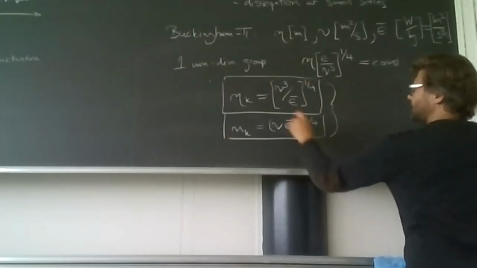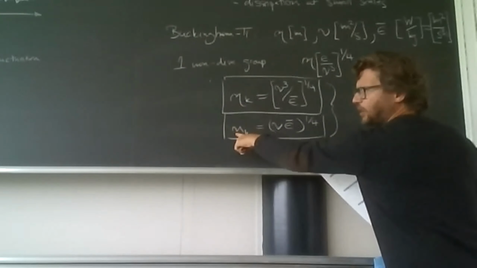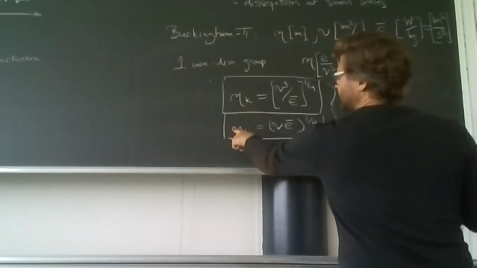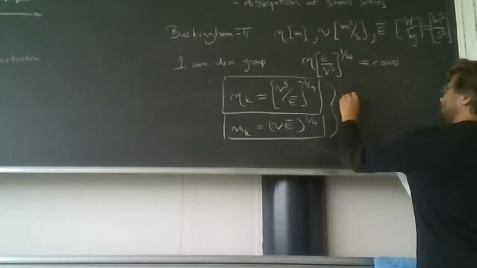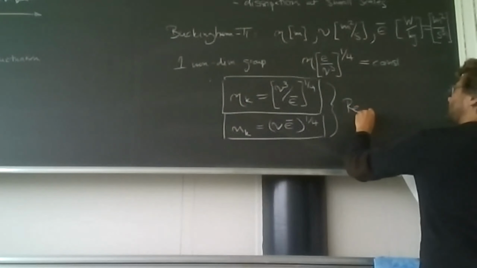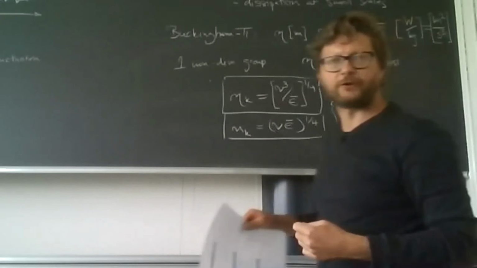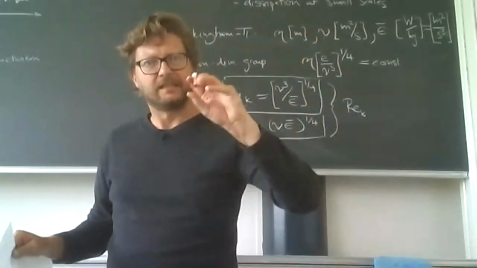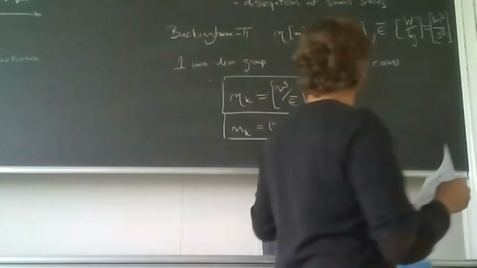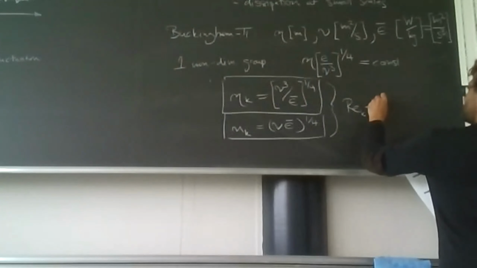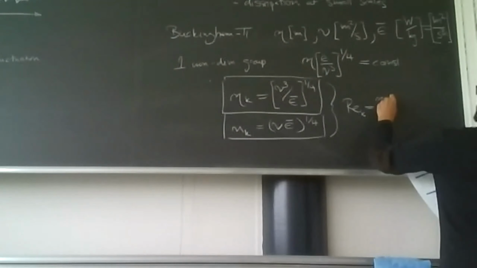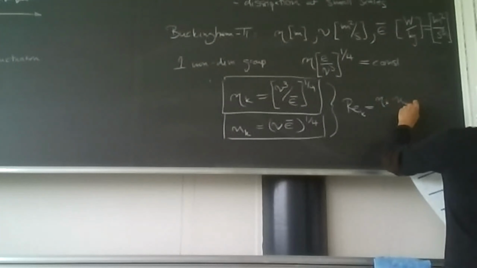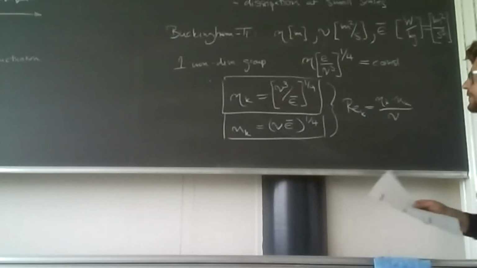And if you take the scale and the velocity, so a length and a velocity, you can define a Reynolds number, a Kolmogorov Reynolds number, the Reynolds number of the smallest scales in the turbulent flow. You would take the Kolmogorov length scale times the Kolmogorov velocity and divide it by nu.